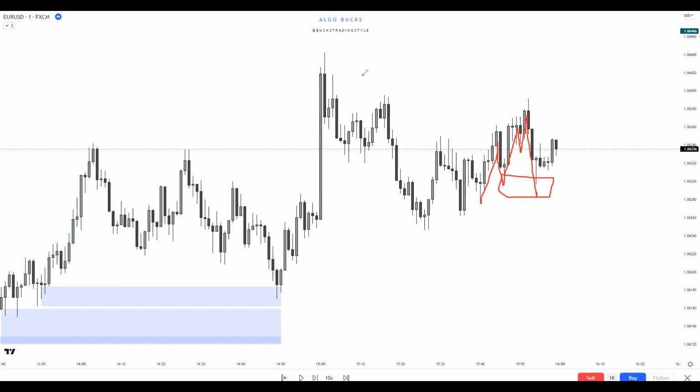Sorry, let me clear your drawing. This right here. Hello? Can you hear me? You mean this one? I can't hear you. I was talking about this, like I saw this while I was looking through price action yesterday. I was asking if this can be an entry or probably this one below here.